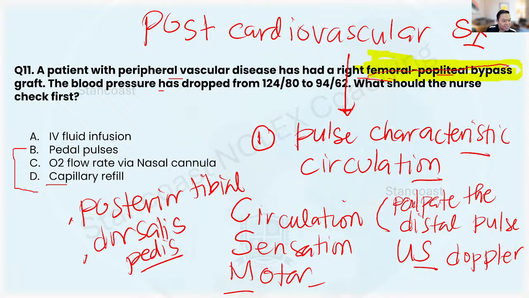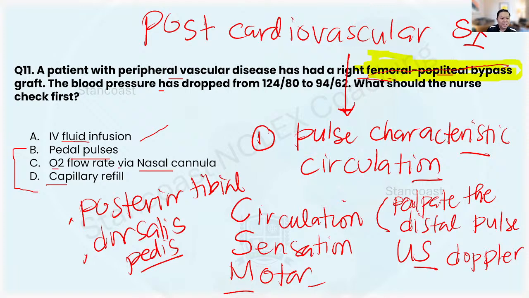Oh, we still have letter A. What is in letter A? IV fluid infusion. Is that going to be an intervention or assessment that we would do first before assessing the pulses? No. We can do this after we have completed the assessment of the pulse. Same thing with the oxygen flow rate via nasal cannula. We can also check that after we have checked the patient's pedal pulse.